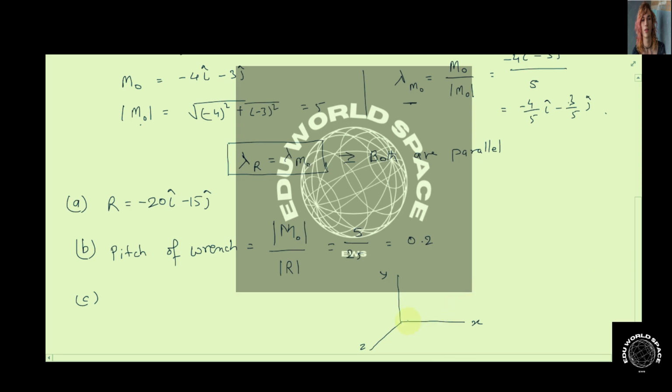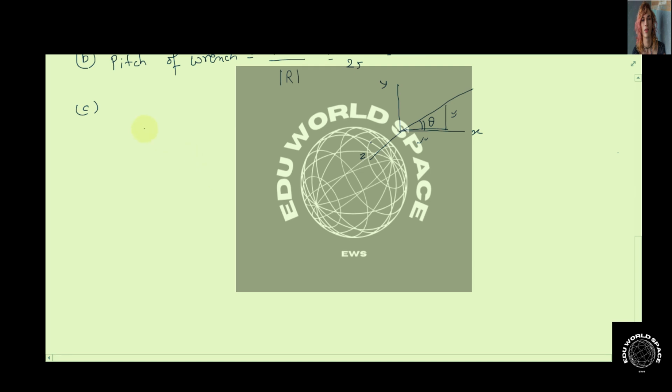it is completely in the xy plane, and let's say this is the line along which it is acting, and let's say this is making an angle theta. So theta can be calculated as follows: since the vectors are given in x and y, tan theta can be calculated as the y component of the unit vector divided by the x component of the unit vector.